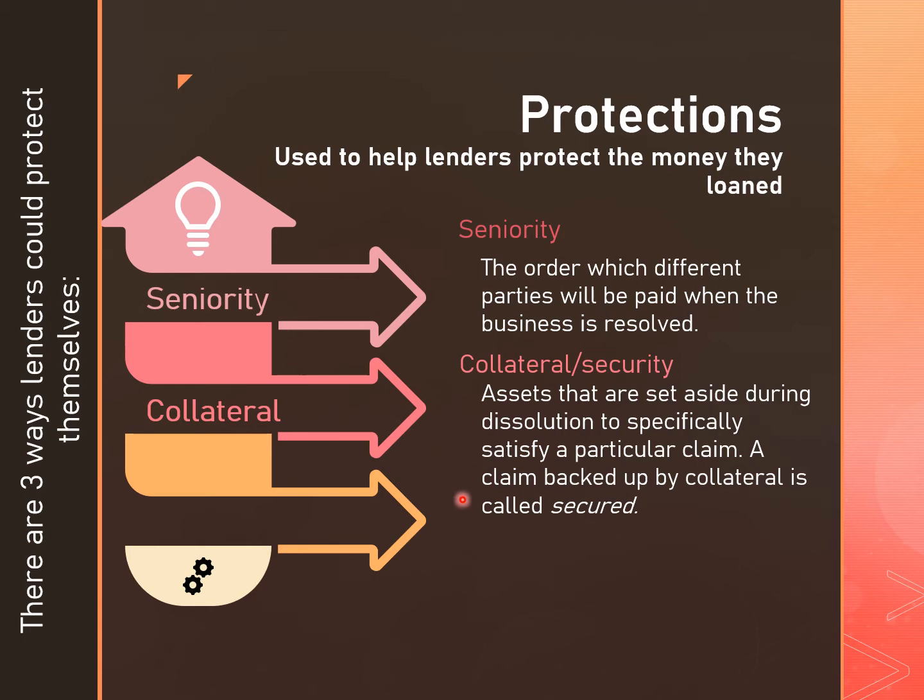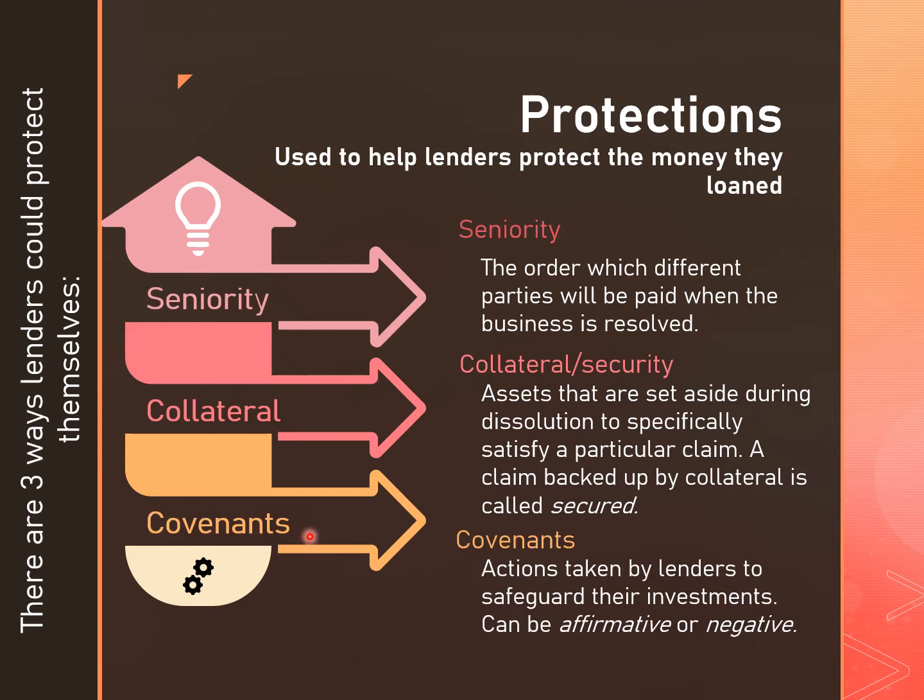Okay, bila you nak pinjam duit, biasanya orang akan ada minta cagaran. So that adalah one of the protection. Next adalah covenant. Covenant adalah action taken by lenders to safeguard their investment, can be affirmative or negative. Kita akan tengok these three in details later.